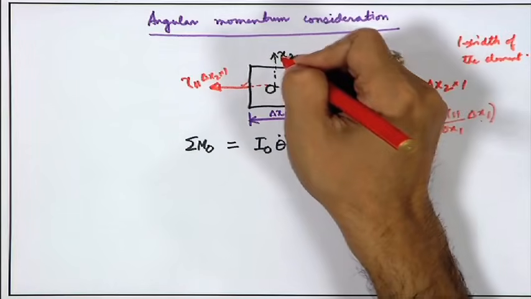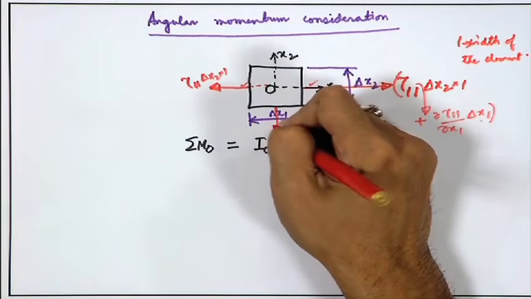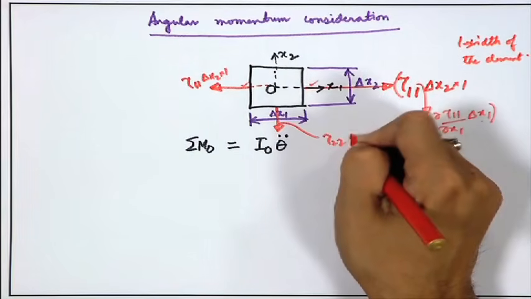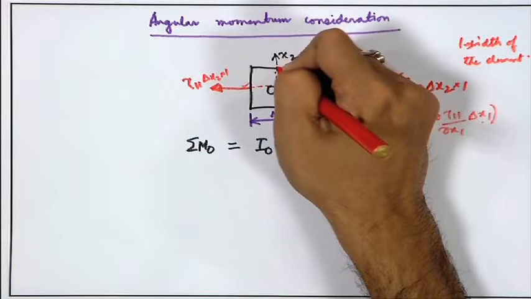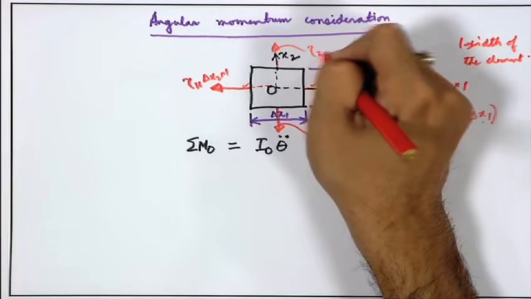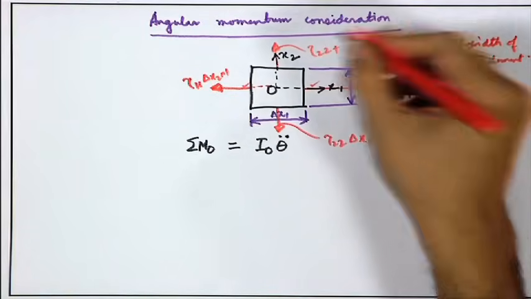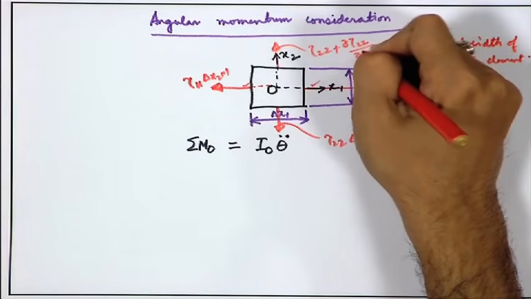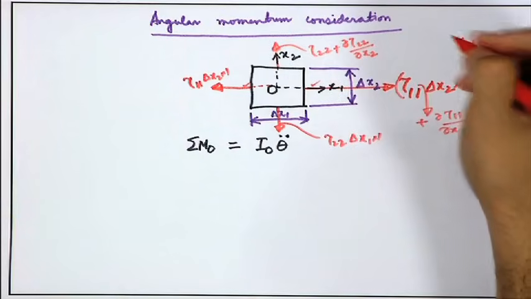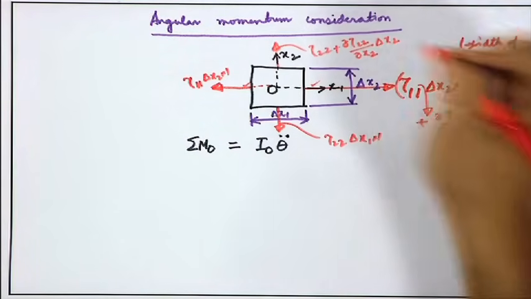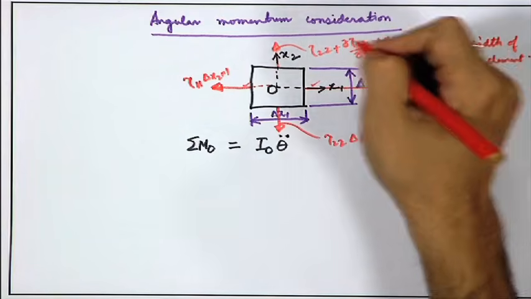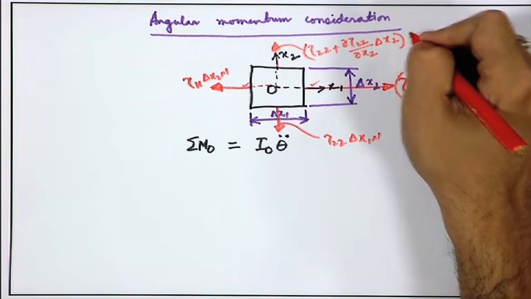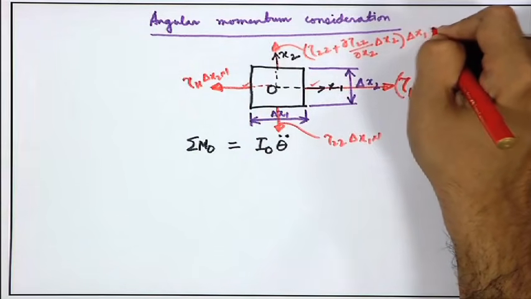So, let us write the normal forces also along this. So, this is tau 22 into delta x1 into 1, this is tau 22 plus del tau 22 del x2 into delta x2 into delta x1 into 1.